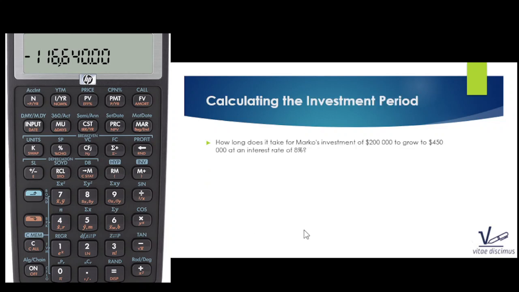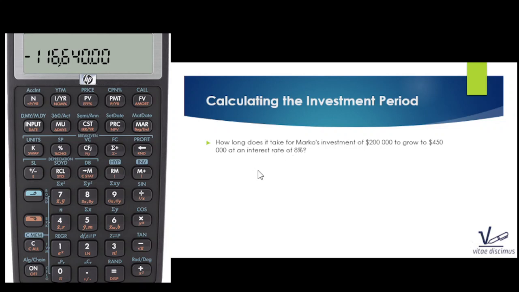Then we come to the other part, which is calculating the investment period. They want to see how long it takes an investment to grow. Here we also apply the principle by doing a question. How long does it take for Marco's investment of 200,000 to grow to 450,000 at an interest rate of 8%?